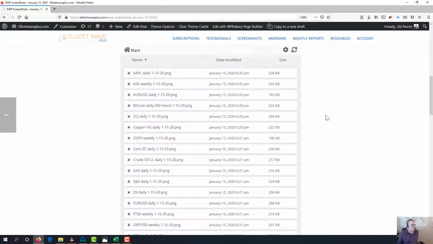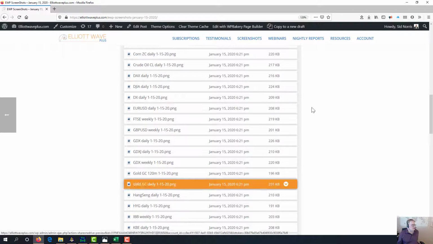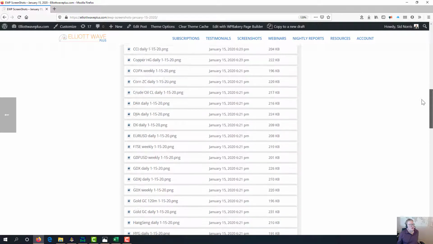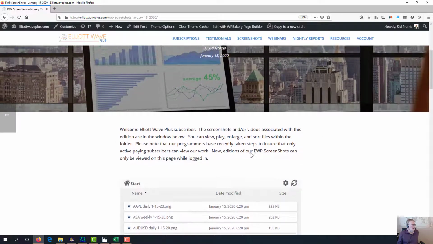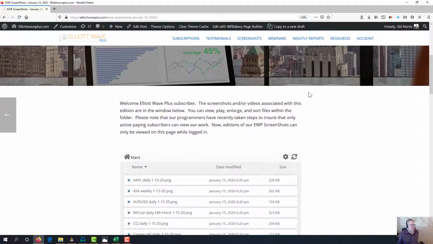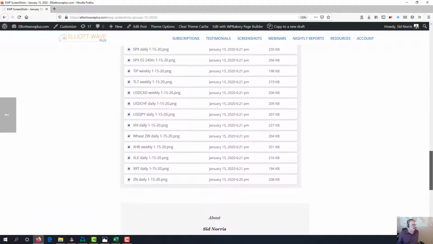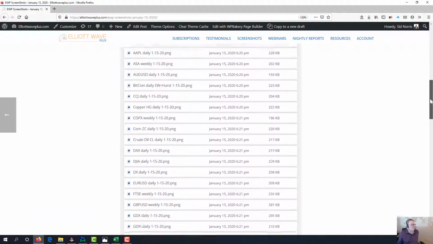Notice this is the weekend edition. This is the January 15 weekend edition of EWP screenshots. You can see there's a lot there, and they're all alphabetized.